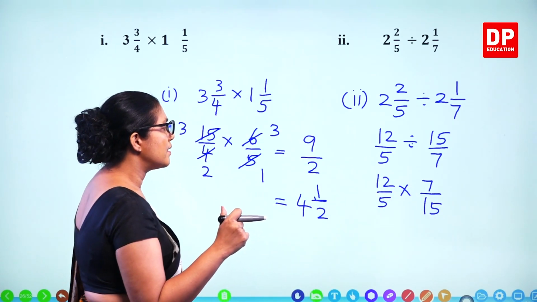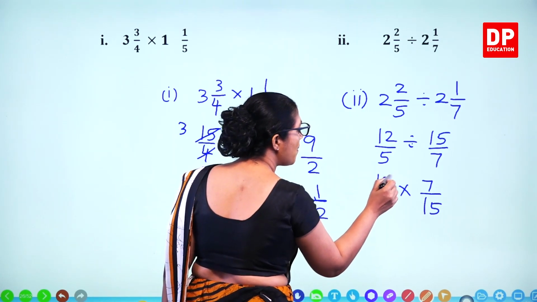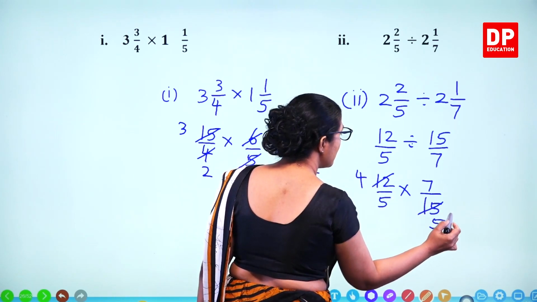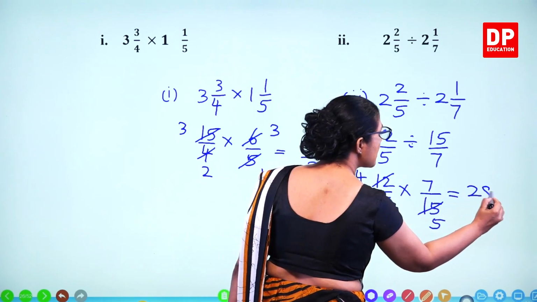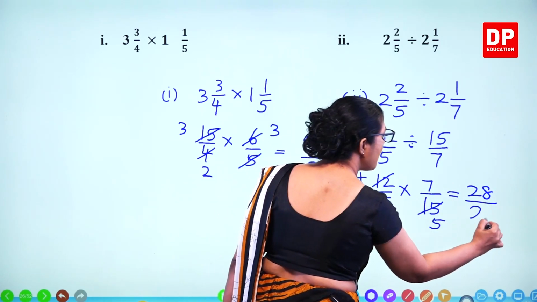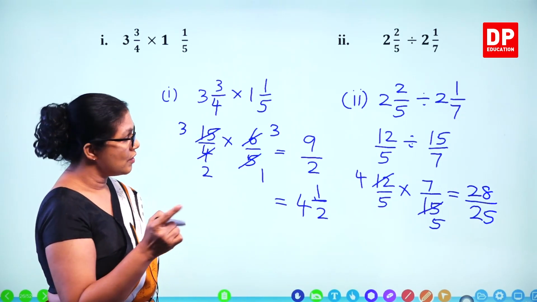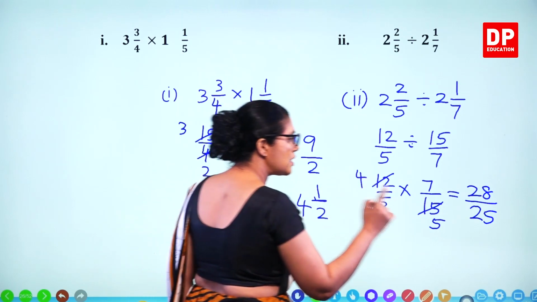Taking the reciprocal. Now multiply. First you can simplify. Divide by 3. That's 4. 3 times 5. That's all you can do. 7 times 4, 28. 5 times 5, 25. So this is an improper fraction. We can write as mixed number. How many 25s for 28?